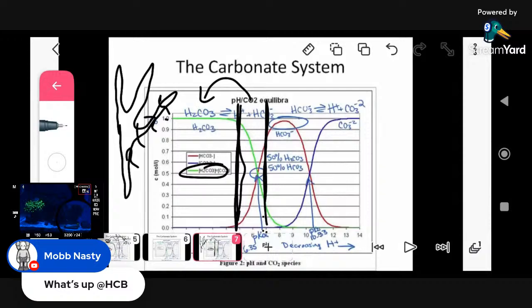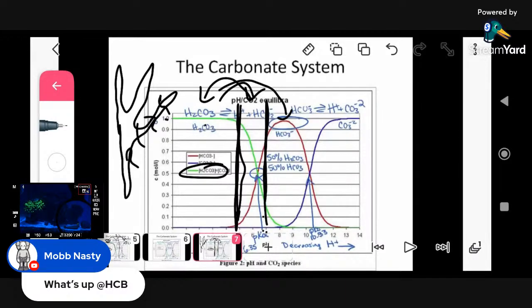And then you form an aqueous form of H plus and carbonate, because this will dissolve. And then eventually the equilibrium will shift this way.